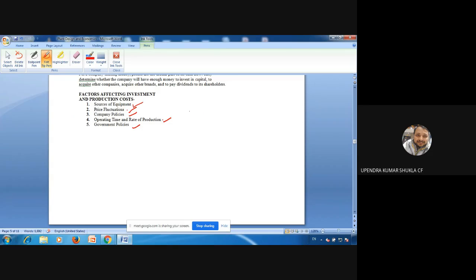Now, these five, so you can write that investment and production cost as a function f of sources of equipment SOE, price fluctuation PF, company policies CP, government policies GP, operating time and rate of production ROP.